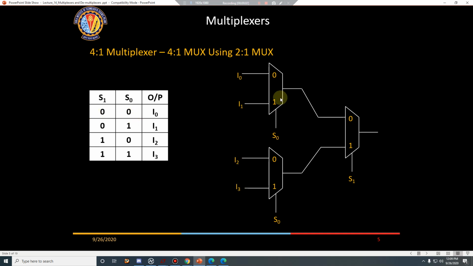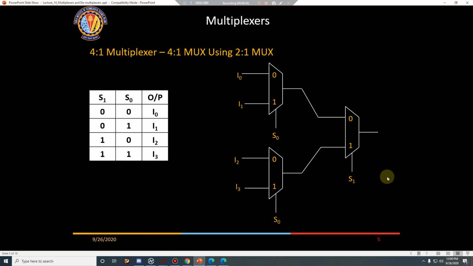S1 will decide it is going to take input from this path, so come here. Then S0 is 0, so I0 gets routed like this to the output. For the next combination, S1 is 0 and S0 is 1, so I1 gets routed like this to the output. Similarly for S1 equal to 1 and S0 equal to 0, I2 gets routed, and for the last, S1 and S0 both 1, I3 gets routed in this path.